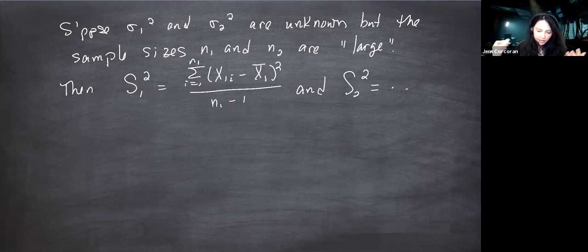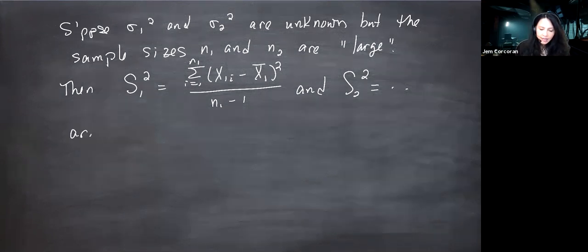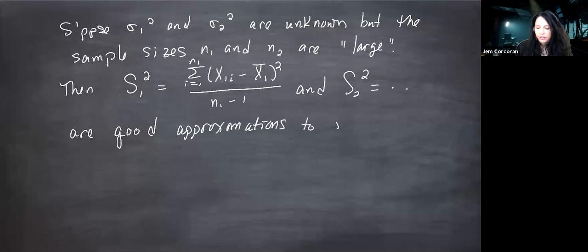So to finish this sentence, these are good approximations to sigma 1 squared and sigma 2 squared. And the purpose of homework 6, problem 5, is to make this statement a little more formal.